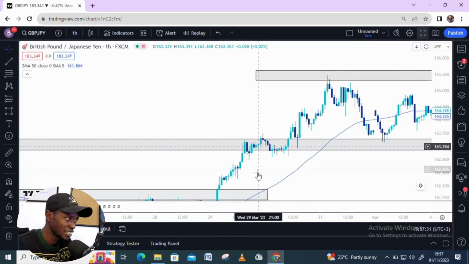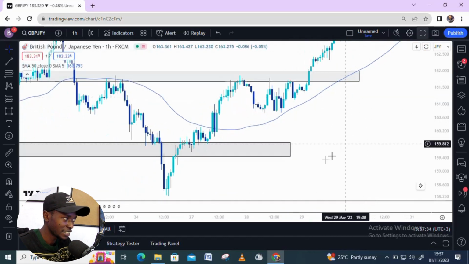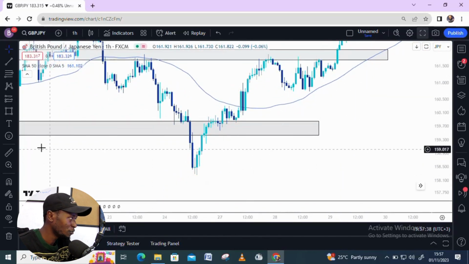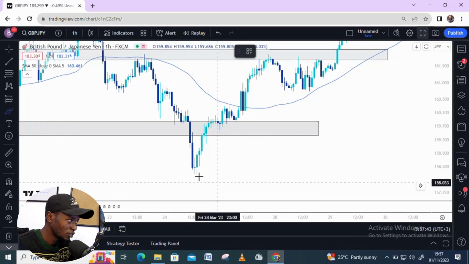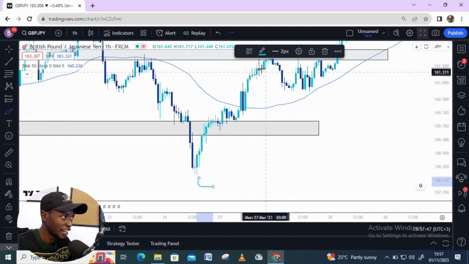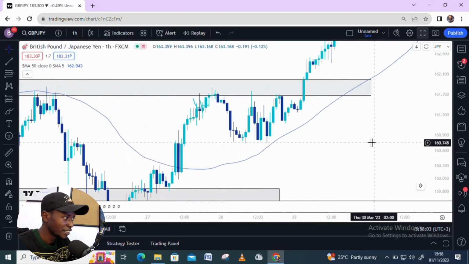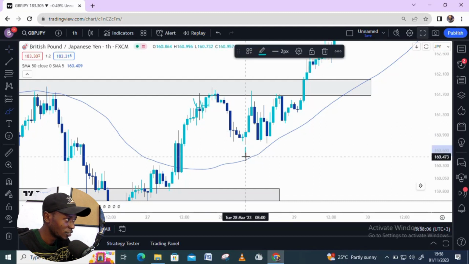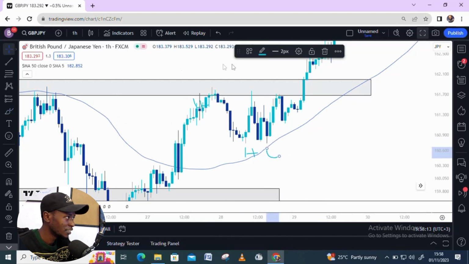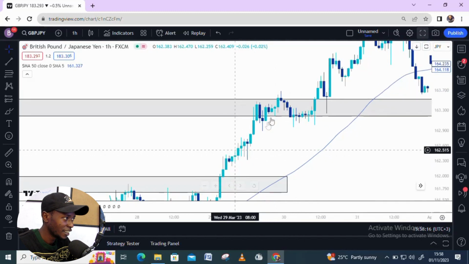A trend is simply a market that is forming a series of a low followed by a high, so this is a high, followed by a higher low, a higher high.